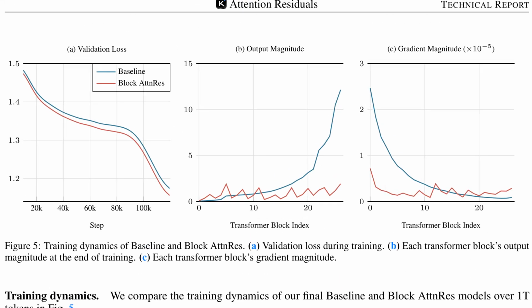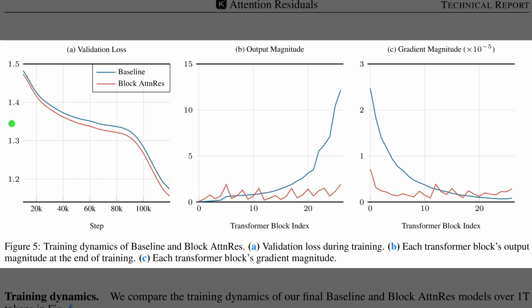So, Figure 4 demonstrated the scaling improvements, and Figure 5 now details the actual training dynamics over 1 trillion tokens. The left panel tracks validation loss, showing that block attention residuals consistently outperform the baseline. The middle panel plots the output magnitude across transformer blocks.